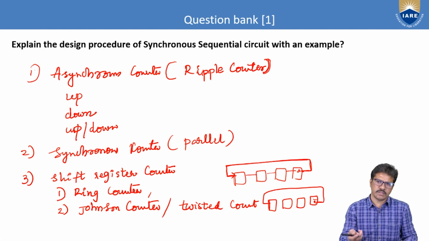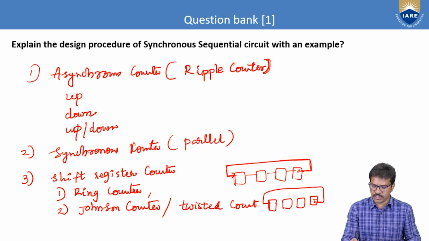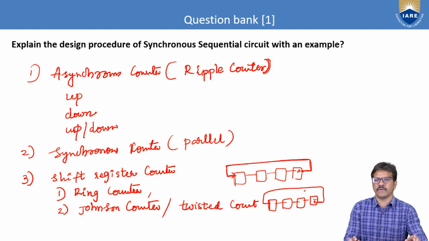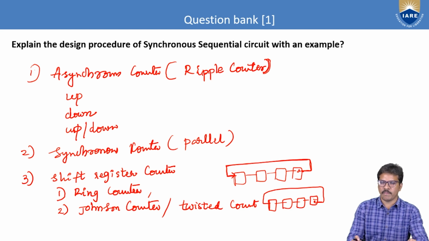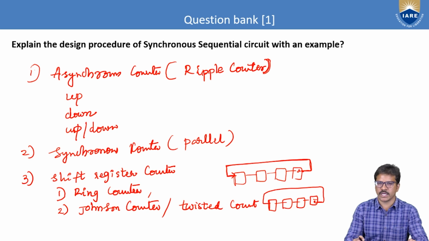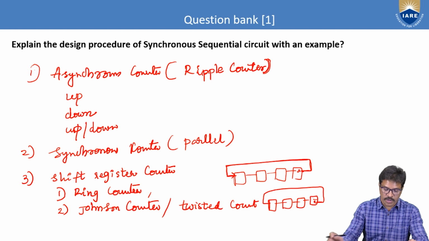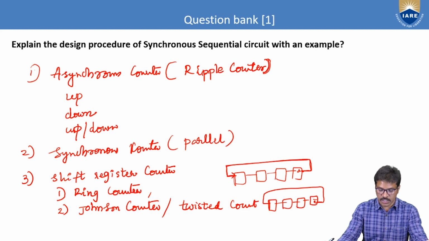So we can simply connect those shift registers of flip-flops in a manner that the output is connected back to the input, or the complement output is connected back to the first flip-flop. Based on that, we divide into ring counters and Johnson or twisted counters.